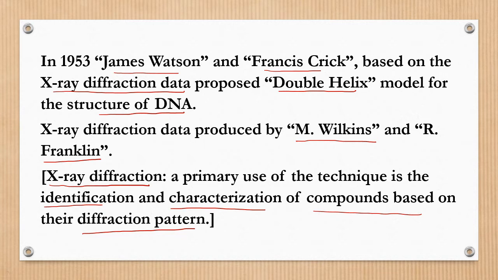The X-ray diffraction data was produced by M. Wilkins and R. Franklin, these two scientists. Based on that data, James Watson and Francis Crick proposed the double helix model for the structure of DNA. It is a worldwide accepted model for the structure of DNA.